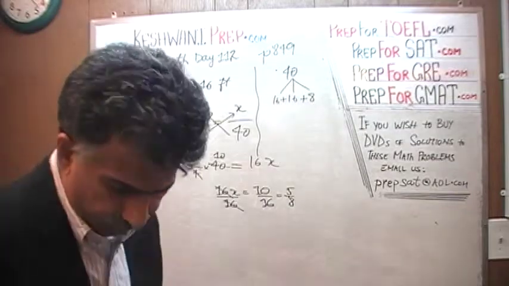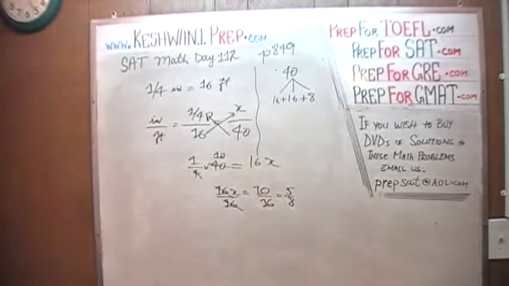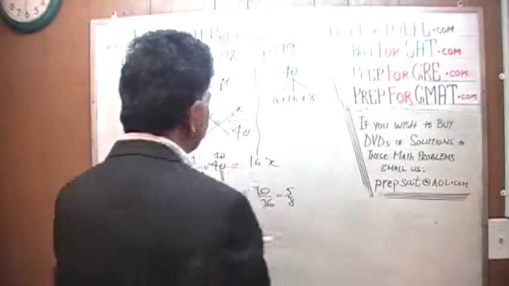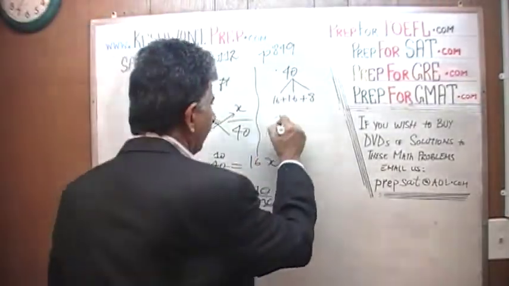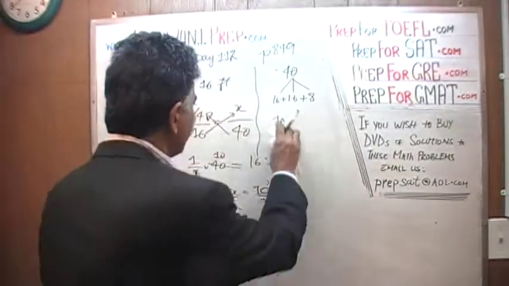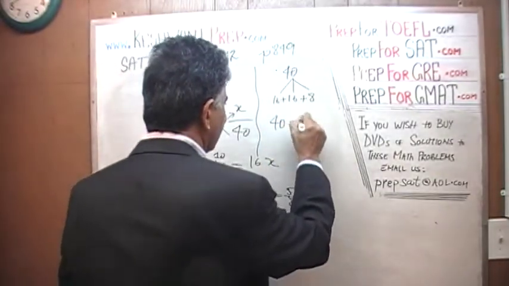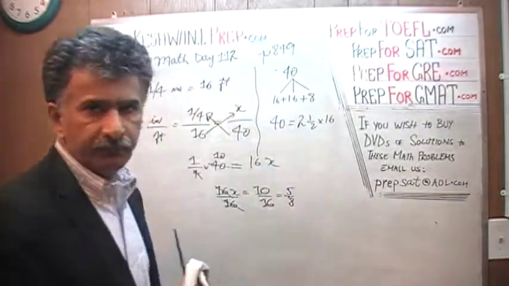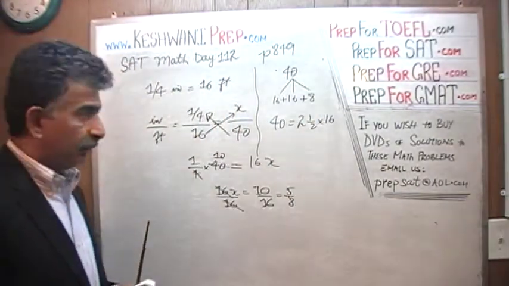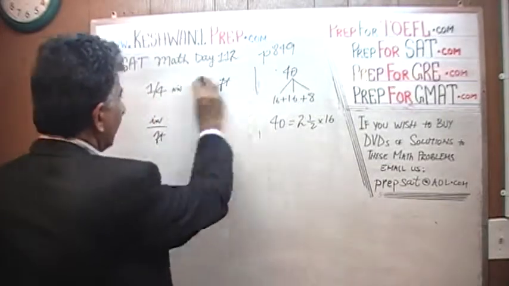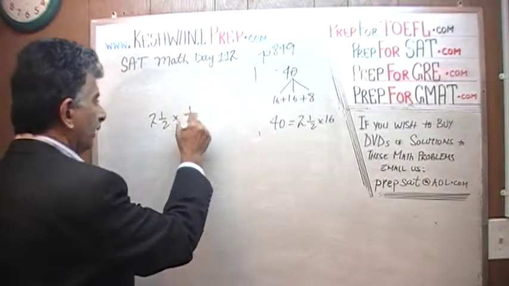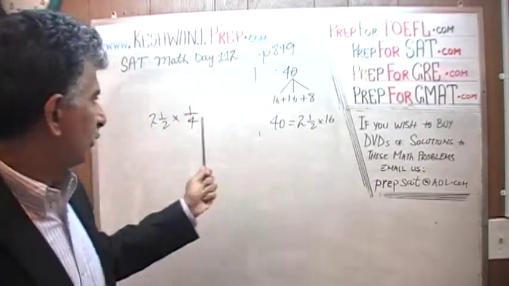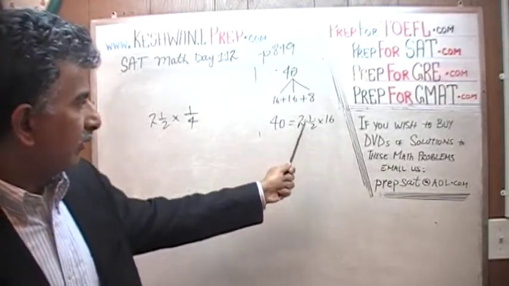16 plus 16 is 32. 32 plus 8 is 40. So what we find is that 40 equals 2.5 times 16, and therefore the length of the driveway is going to be simply 2.5 times 1/4, because 16 feet shows up as 1/4 inches, and 40 is 2.5 times 16.